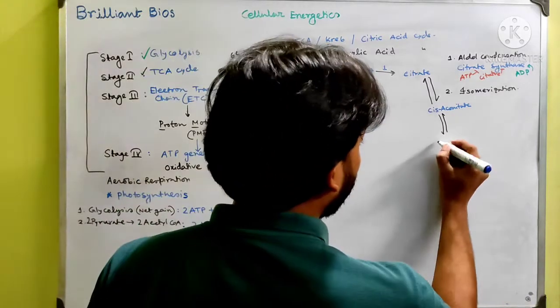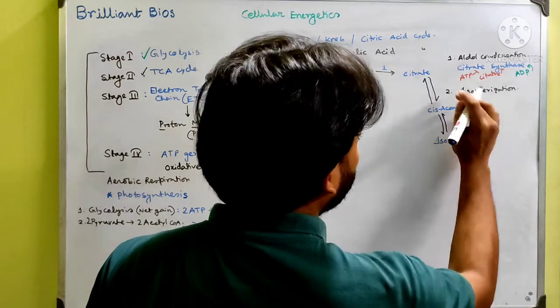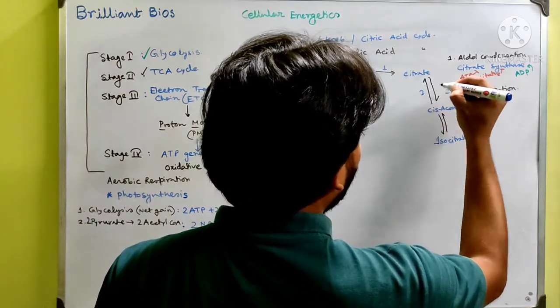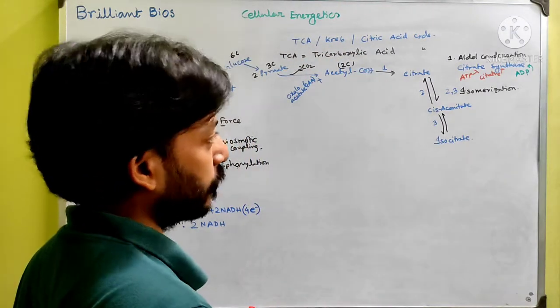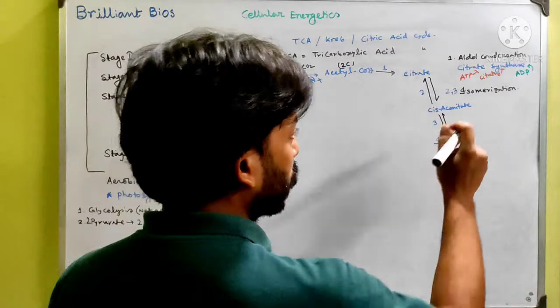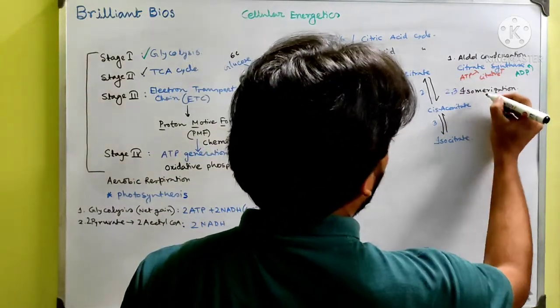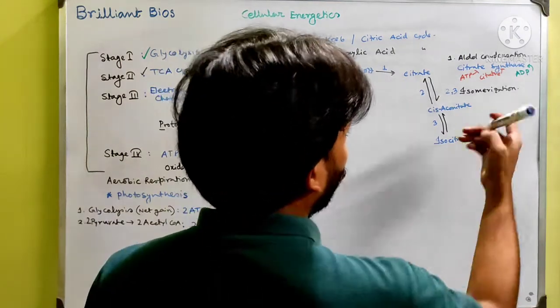Very easy, isocitrate. So this occurs in steps 2 and 3. This is step 2, this is step 3, and the same enzyme that converts citrate to cis-aconitate and cis-aconitate to isocitrate is called aconitase.